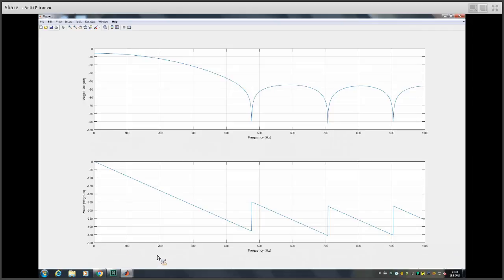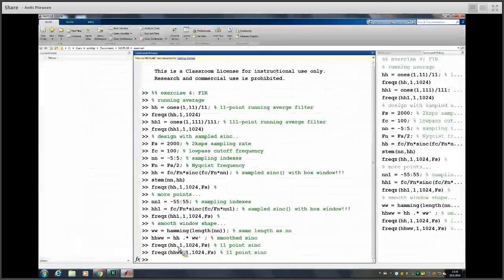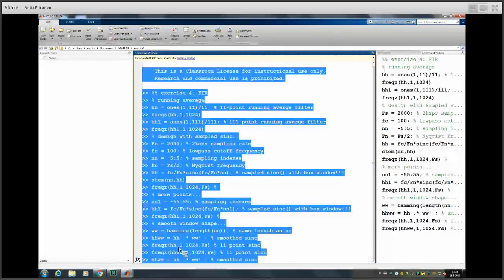A lot. We still have the minus 3 dB point here. Don't worry about the scaling here. At the end it doesn't matter since we know how to scale it. But the stop band attenuation is now at a much better level. We can see it better with the higher order number.